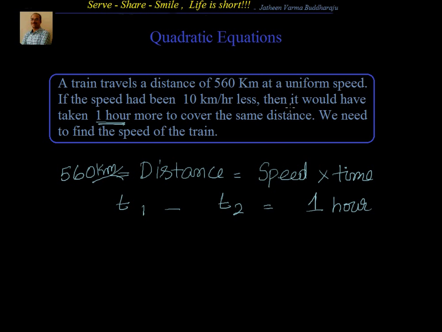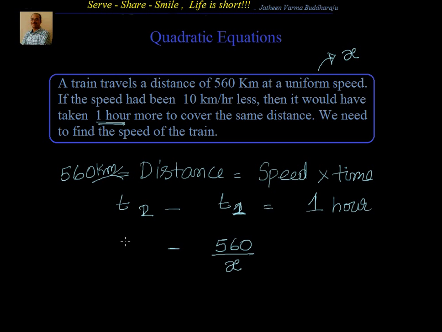Now let us say the uniform speed be x. Now what will be the time taken? The time taken will be nothing but 560 by x. If the speed has been 10 kilometers less, it will take more time, so it should be t2 minus t1. The first scenario is the scenario where it is going at a uniform speed, that is 560, distance, divided by speed, that is x.